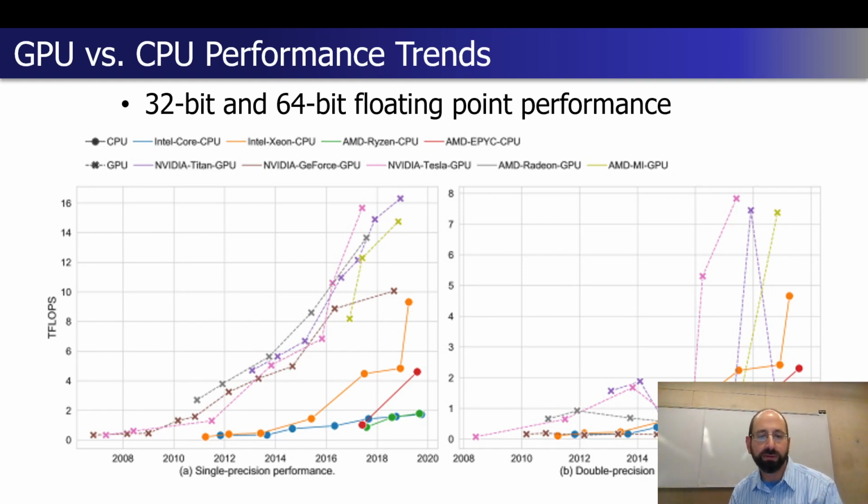Why do some of the lines on the right in the double precision graph, why do some of them spike and come back down? Is it just that they're not supporting that as much anymore? Right, and I was hinting at that, but didn't really get at that. So we learn about IEEE 754, single precision floats and double precision floats, and we're told use regular floats for some things, and if you really need accuracy, use double precision floating point 64-bit values.